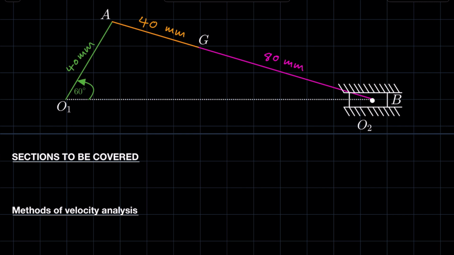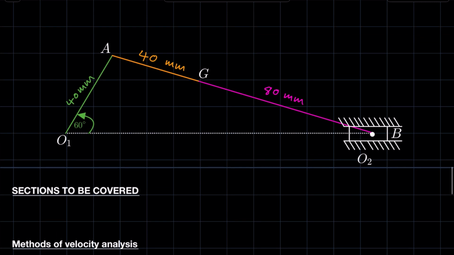Looking at this slider crank mechanism, we have the slider B, which only translates. So for the velocity analysis of the slider, we are only going to determine its linear velocity.